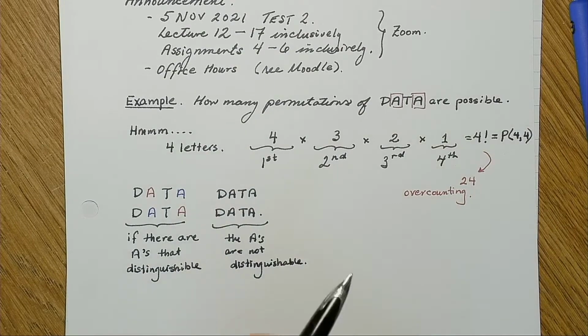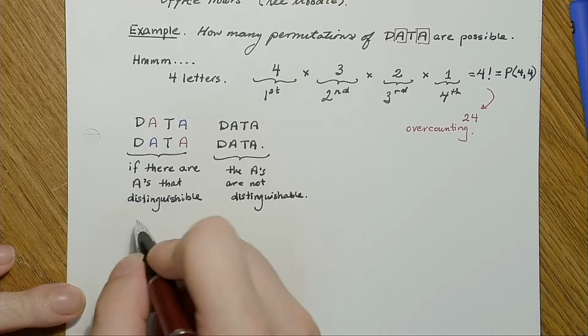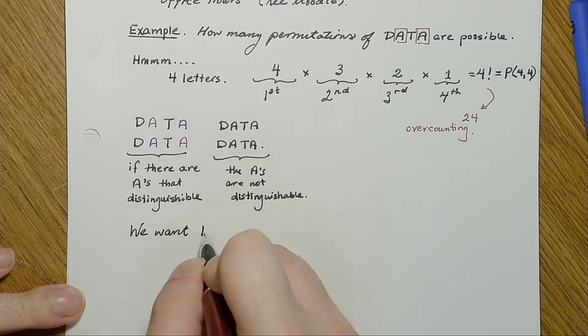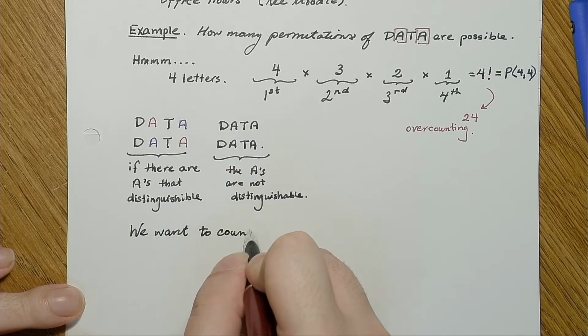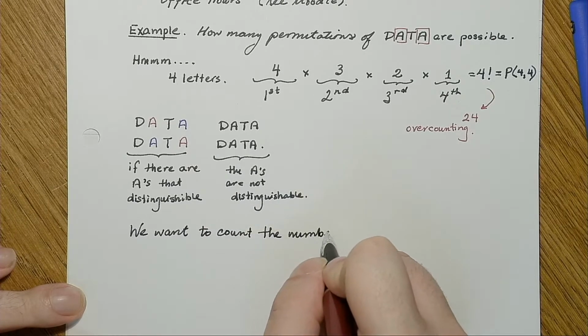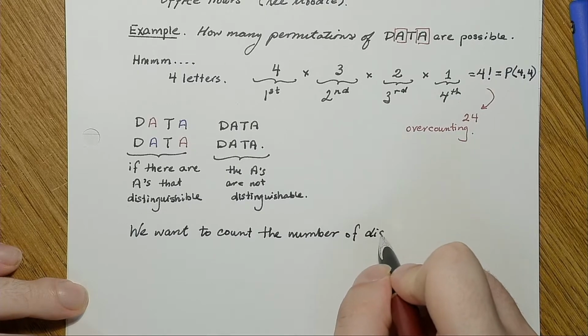What we need to do is count the number of distinguishable permutations.